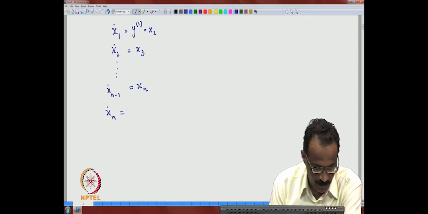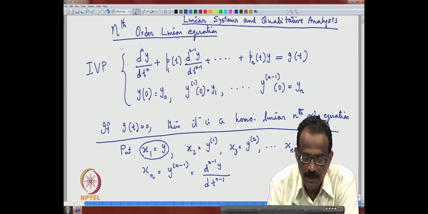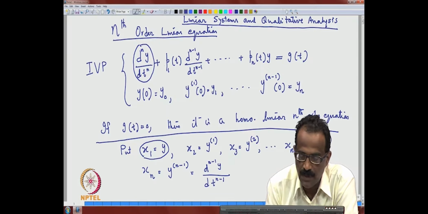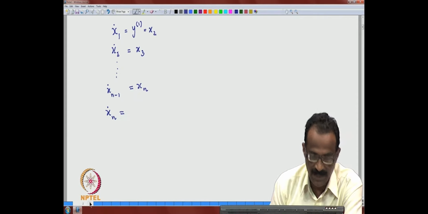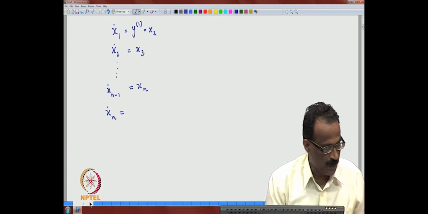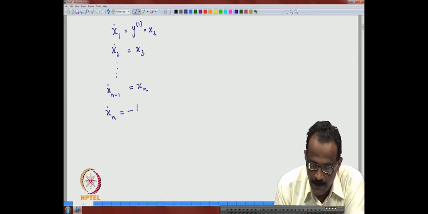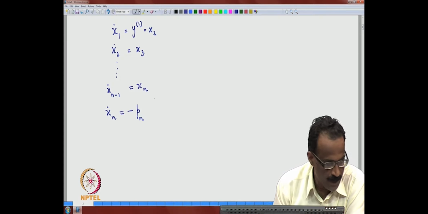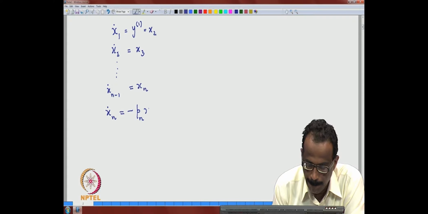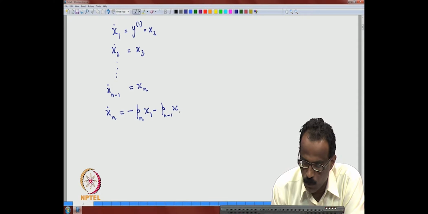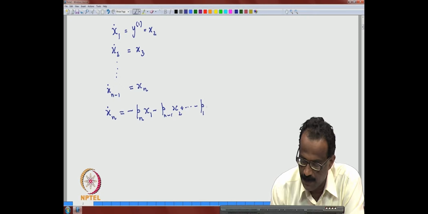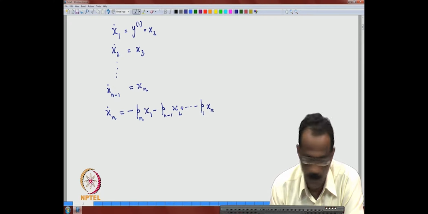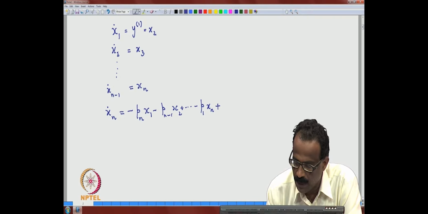If you take this to the right-hand side, you can write everything as minus P_n into x_1, minus P_{n-1} into x_2, and so on, the last part will be P_1 into x_n, and then you will also have your g(t) here.